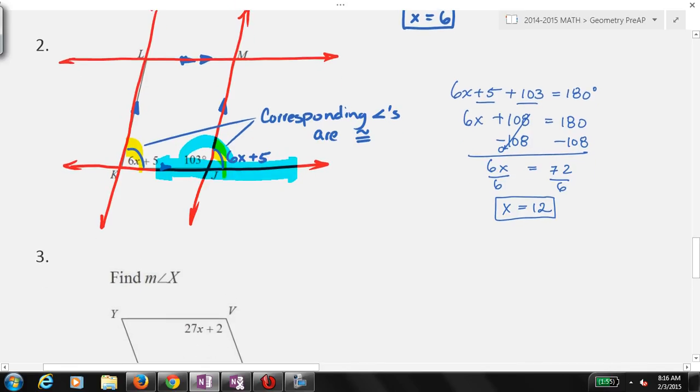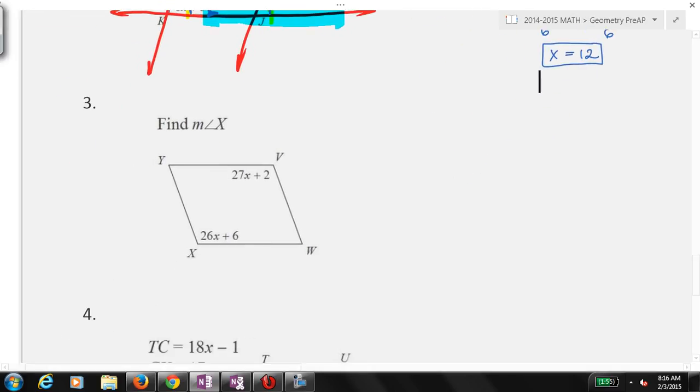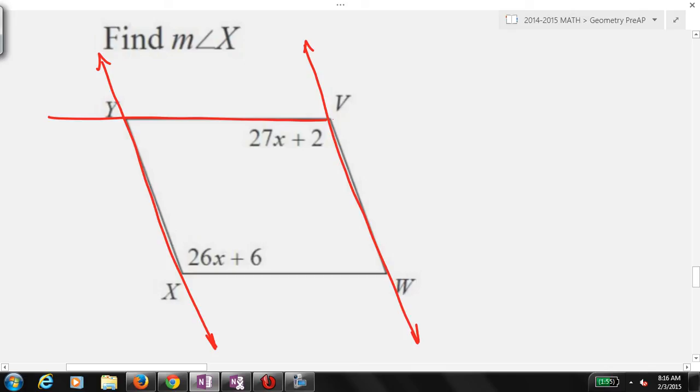Alright, let's look at the next example where they want us to find x, but this time it's still dealing with angles, so I would do the same thing. If you see a parallelogram and you're dealing with angles, you may want to extend, draw lines this way, extend those parallel lines, and then just use the properties that we did when we were looking at these right here.